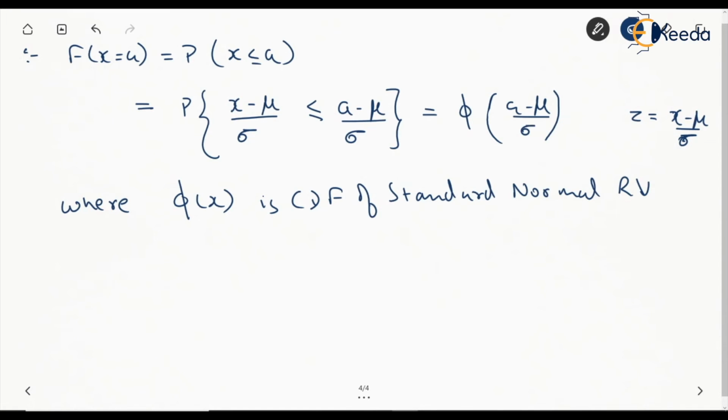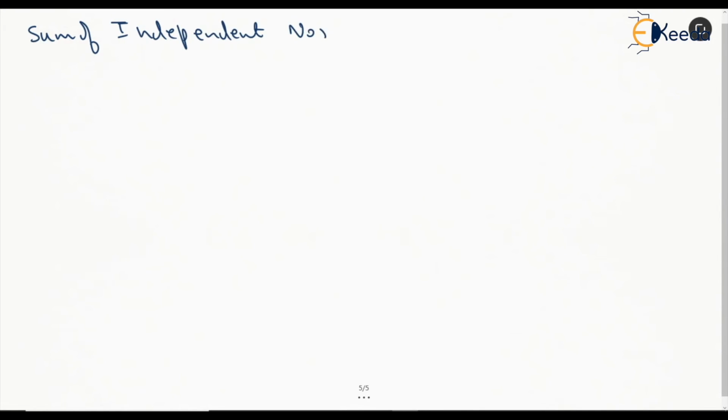Apart from this, a small concern we have is the sum of independent normal variables.